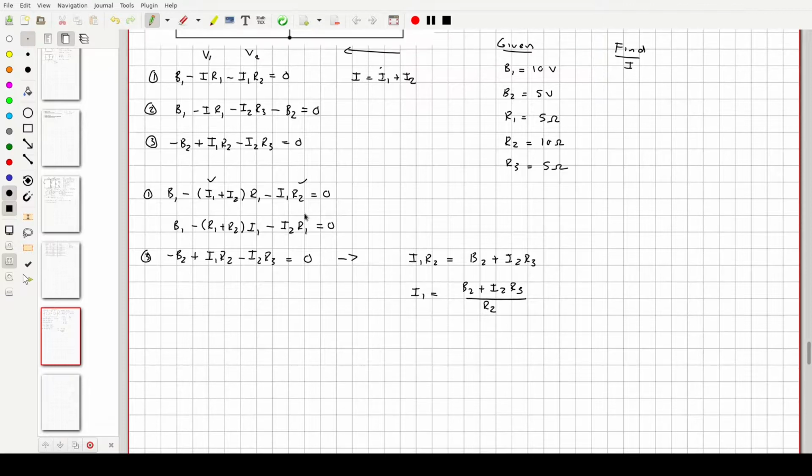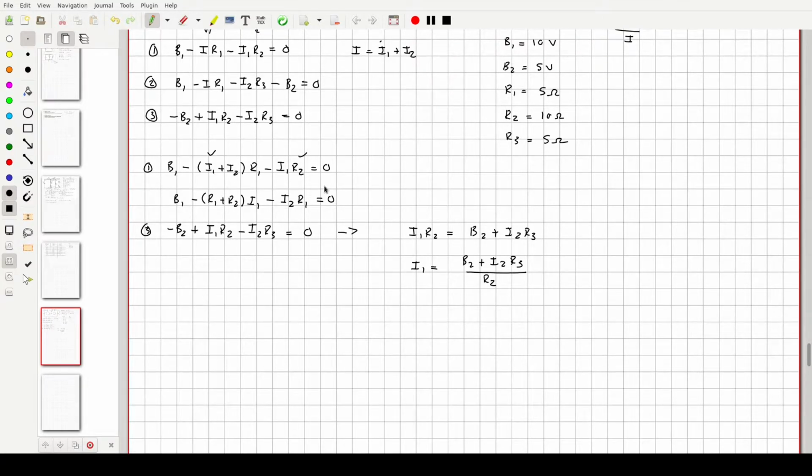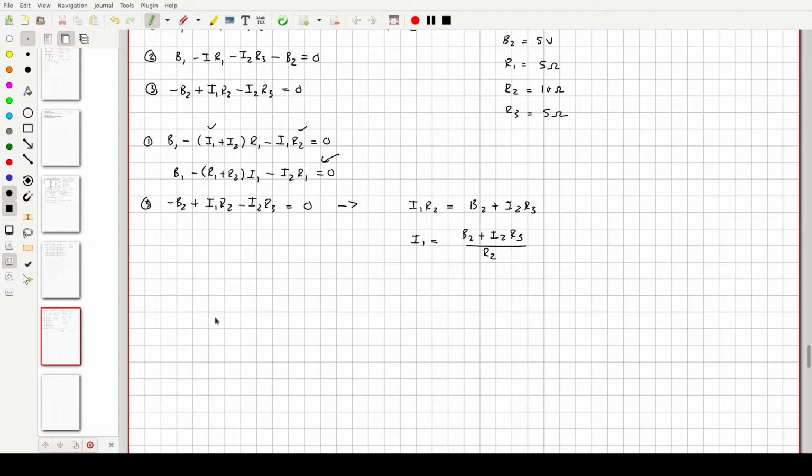Now I can plug it into this equation right here for I1, and then the only thing I won't know there would be I2, and I can solve for it. So let me do that. Now I'm plugging this equation right here into this, explicitly right there. So that's B1 minus R1 plus R2 times I1.